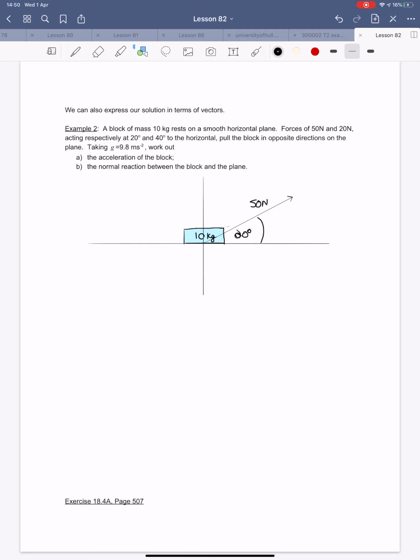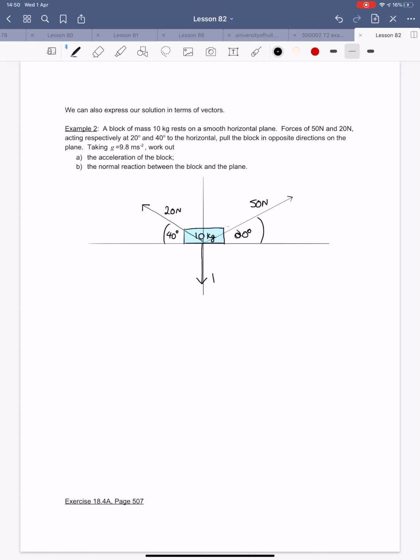The second one is 20 newtons at 40 degrees. They pull the block in opposite directions. g is 9.8 metres per second squared. Work out the acceleration of the block and the normal reaction between the block and the plane.